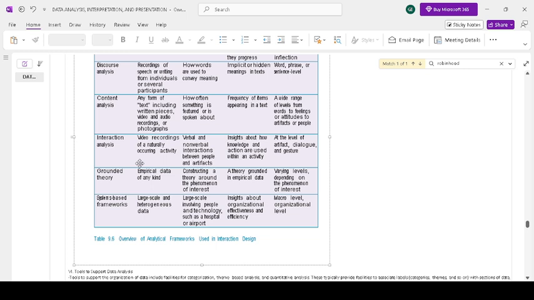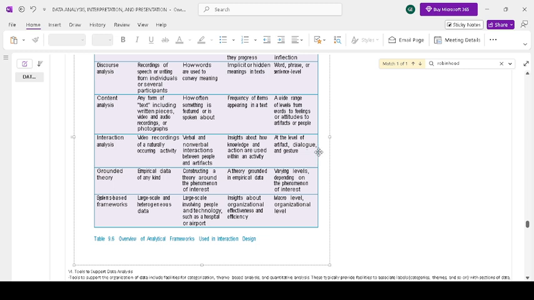Interaction analysis uses video recordings of naturally occurring activity, verbal and non-verbal interactions between people and artifacts. So you're trying to get verbal and non-verbal as well because of the video.